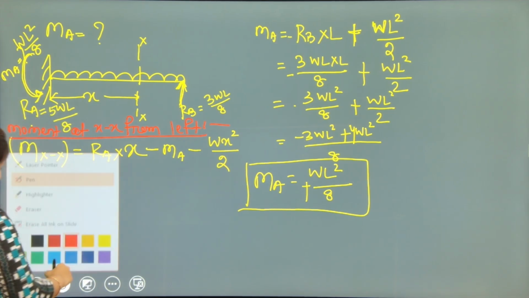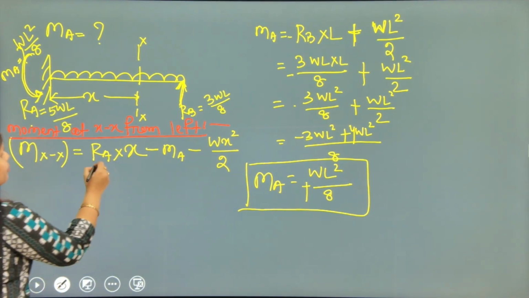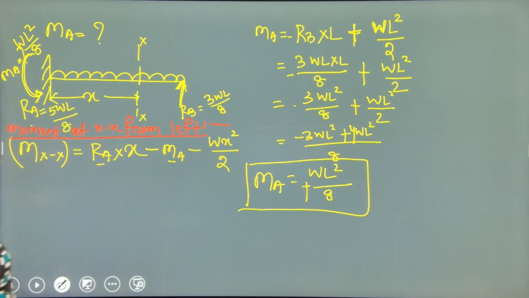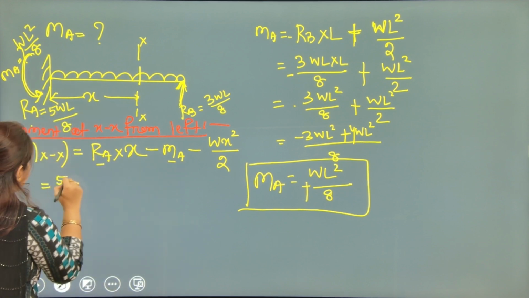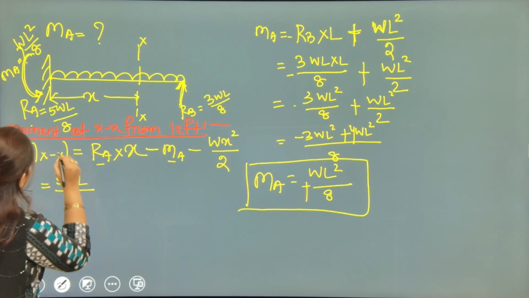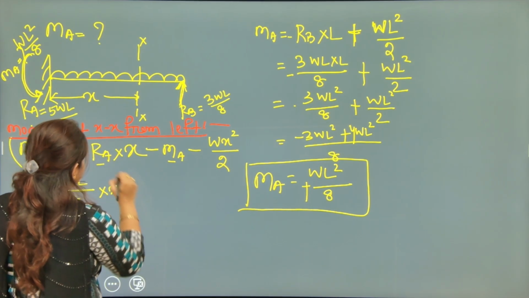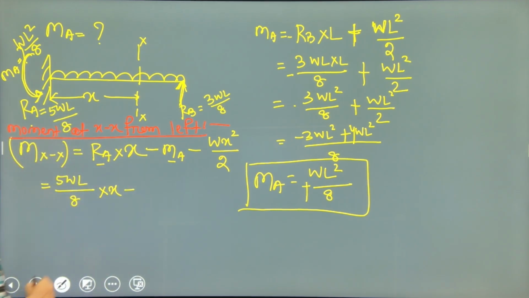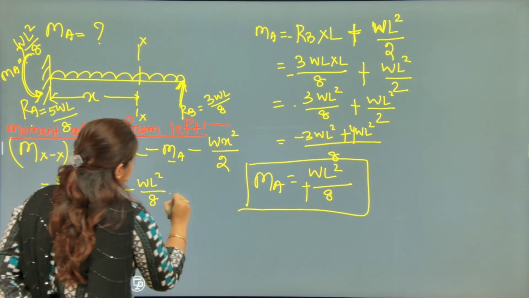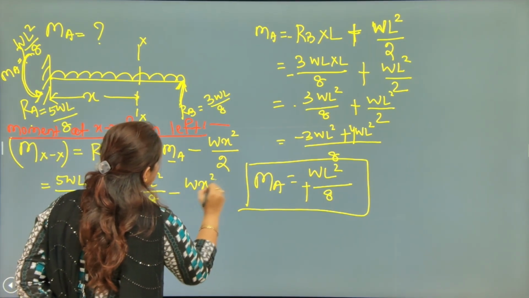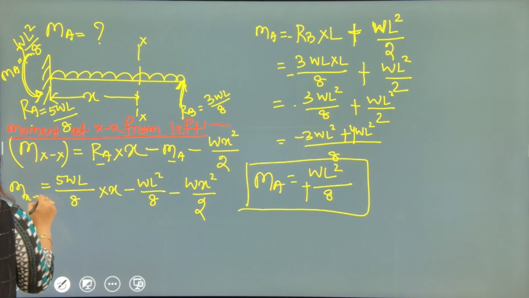Now we will put the value of RA and MA. This RA is equal to 5WL upon 8 into x minus MA as WL square upon 8 minus Wx square by 2. Moment at XX.